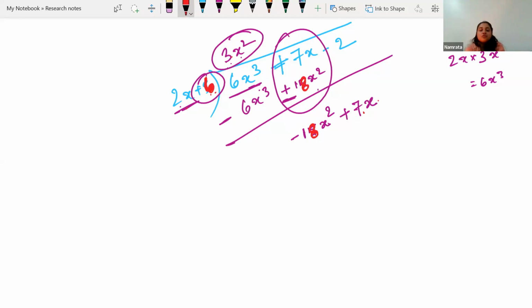I just want to show you with the help of this example that whenever you are getting an x square and an x term one below the other, and you are unable to figure out how to do the calculation, no worries, just write the x square term and the x term as it is, and just continue the same process.